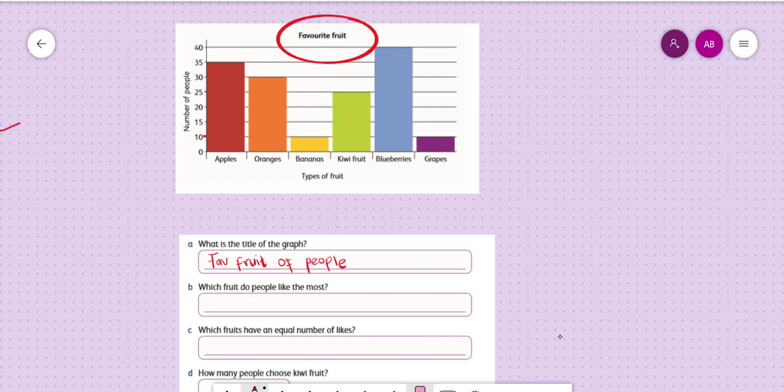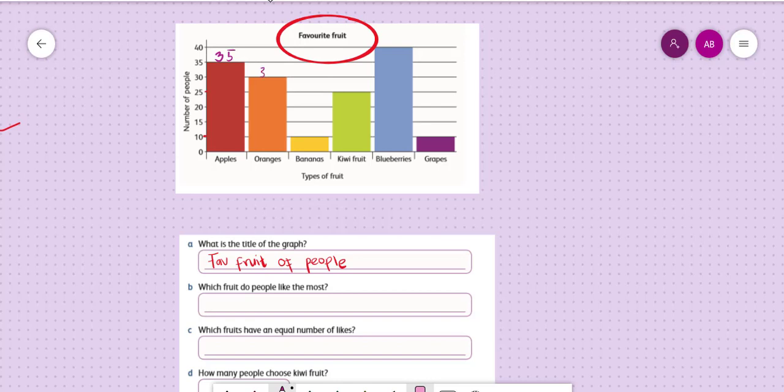Okay, then we will continue to the next question, letter B. Which fruit do people like the most? First of all, you need to see how many people like each fruit. I will write over here. We already discussed it before, but I just write the number above each bar. First is the apple, it's 35, right?